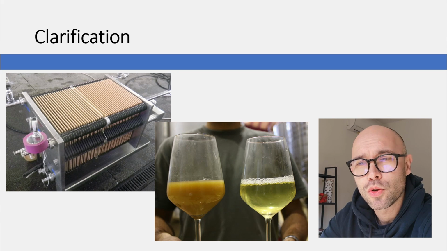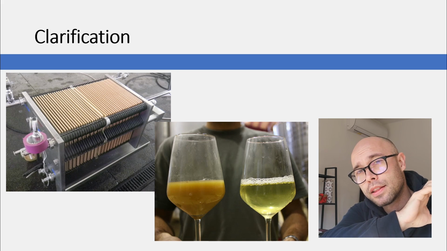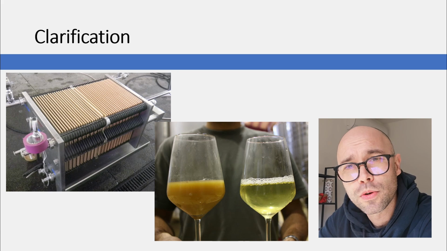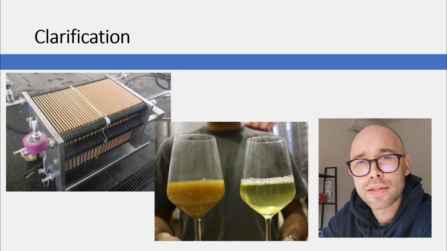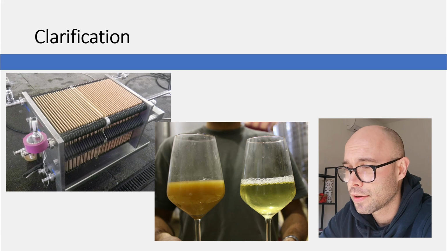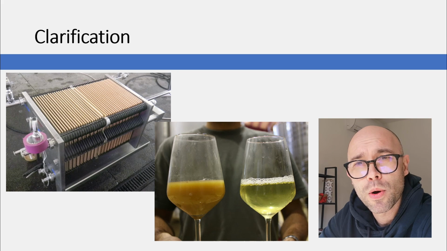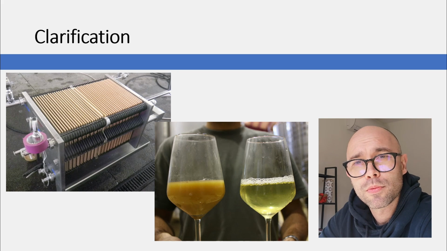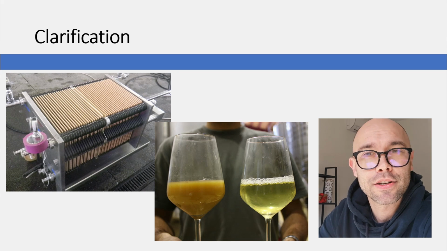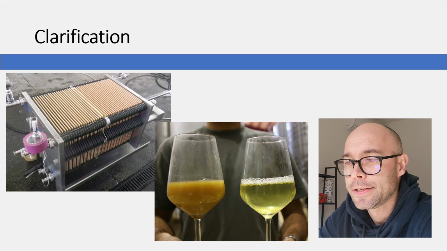One way is to use a filter. It's a physical filter that the wine goes through and removes any impurities from the wine, and the wine will be crystal clear.